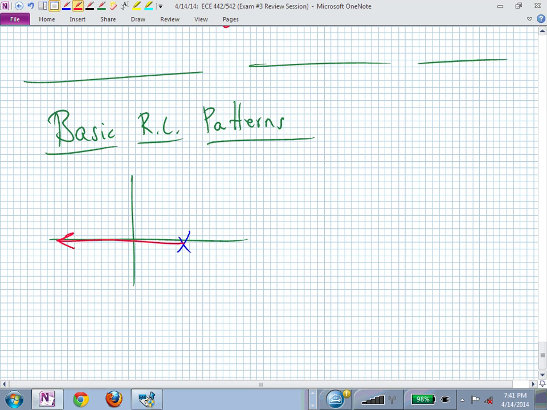Maybe that's at 3/4. Is this capable of remaining stable for all values of gain K? Will this system remain stable no matter what the K value? Can you tell me the K value that will induce an unstable response?